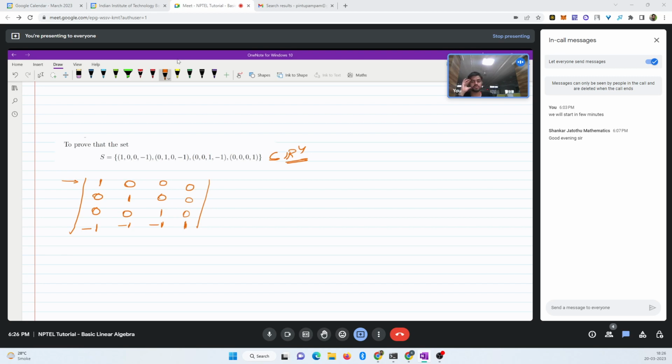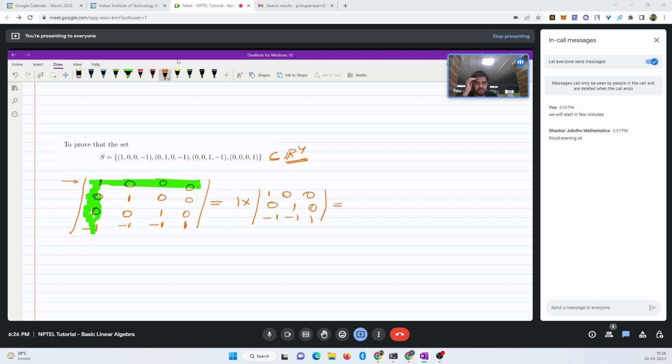So if we try to evaluate along this, what would we get the determinant as? 1 into, so we hide this row and we hide that column, then we get 1 into the determinant of 1, 0, 0, 0, minus 1, 1, minus 1, 0, 1.